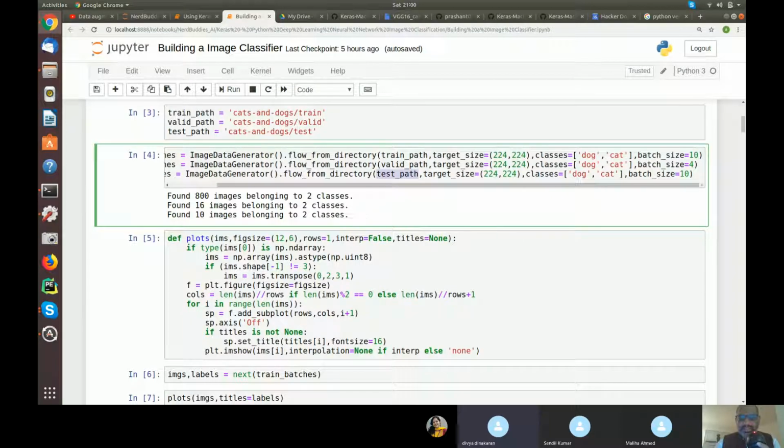All we're saying is that the images are 224 by 224 pixels, and the classes are dog and cat. Then we tell the image generator that whenever you pull images in the training data, pull 10 images at one time. For validate, it's 4, and for test, it's 10.